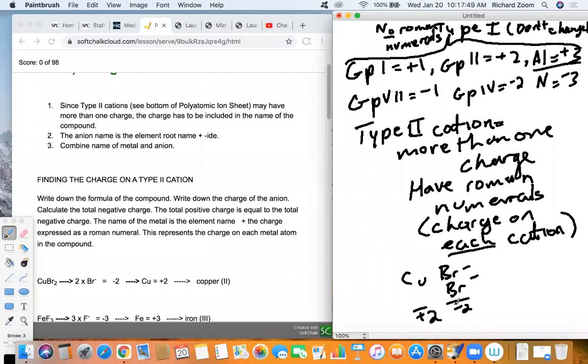In order to make this match, that has to be +2, which means copper has to be +2 as well. So we do this kind of progression here from the negative side over to the positive side, and then we can name it. And it's going to be copper 2 bromide. Does anybody have any questions?